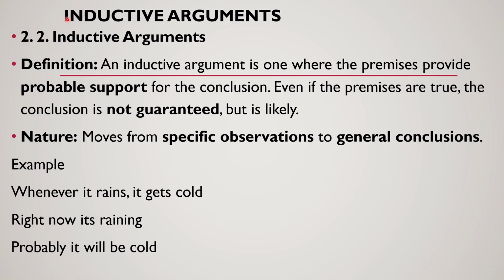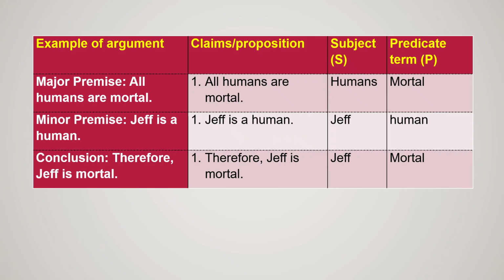And that is why we have said that inductive arguments are where the premises provide a conclusion that is derived with some probability. Okay, that is the difference between the inductive and deductive arguments.